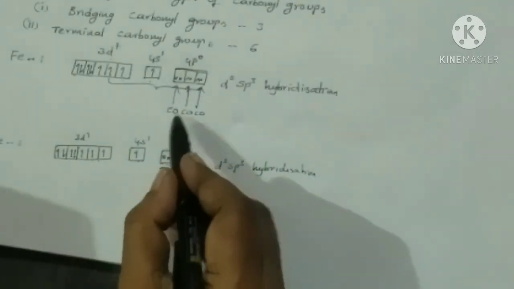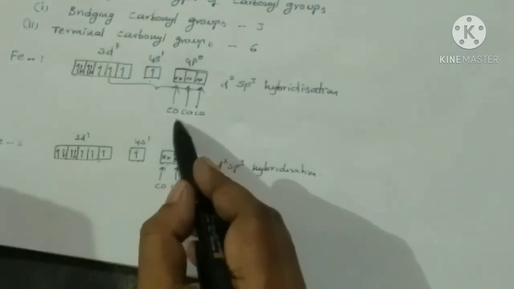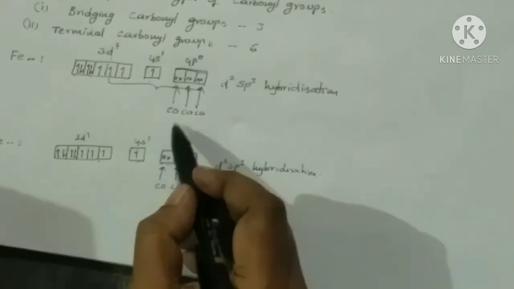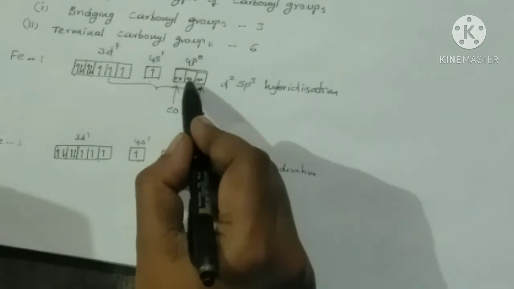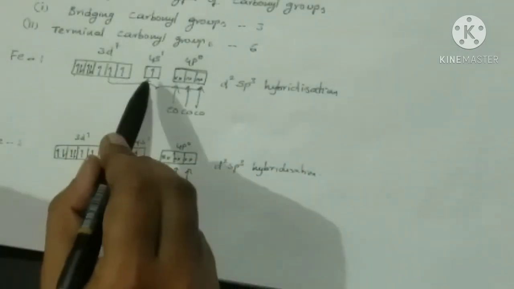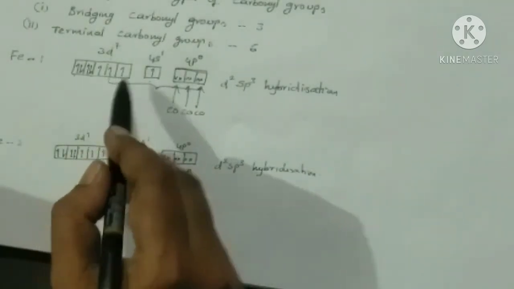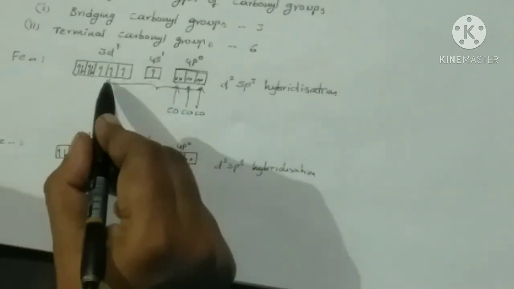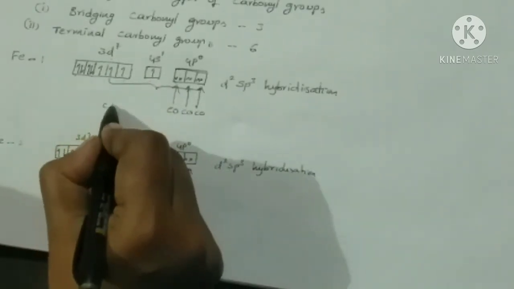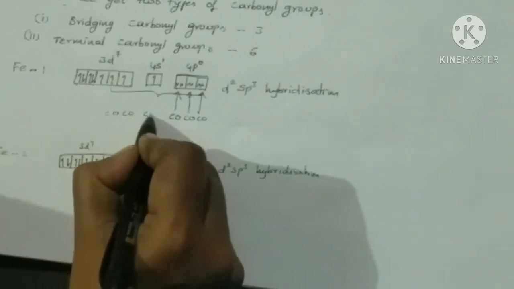And so here out of 9, 6 carbonyl groups are bonded with 3 d2sp3 vacant orbitals. Okay, and we are left with other 3 orbitals of d2sp3 hybrid orbitals, and we have another 3 CO molecules.